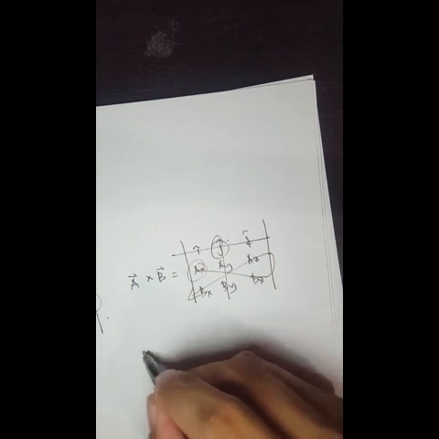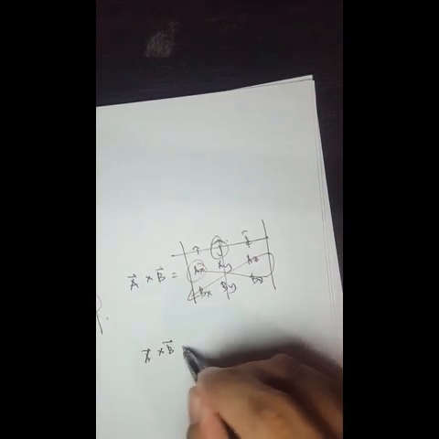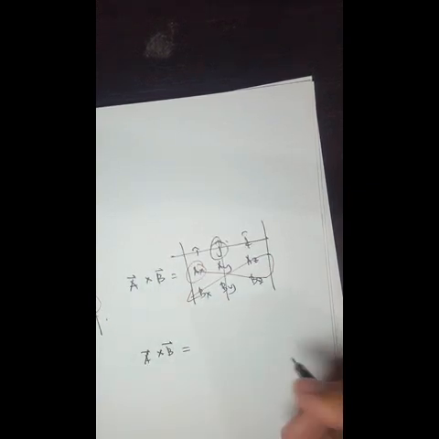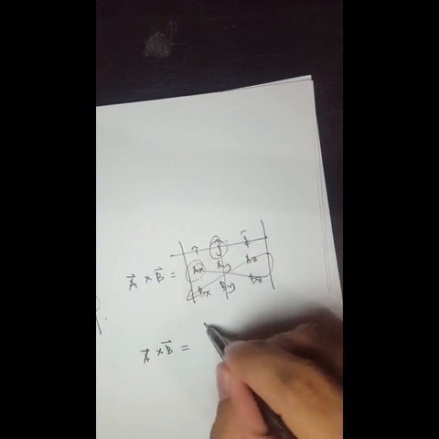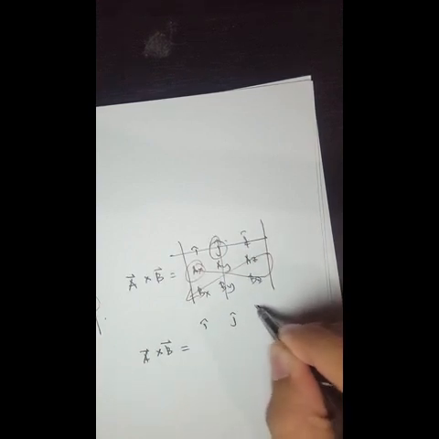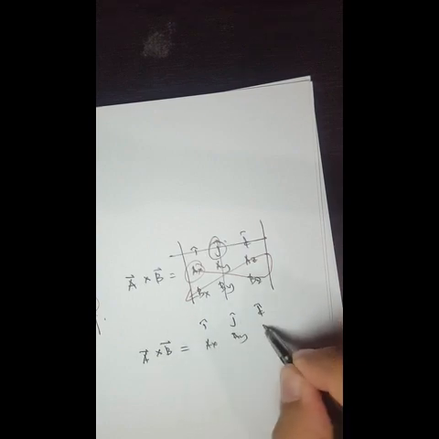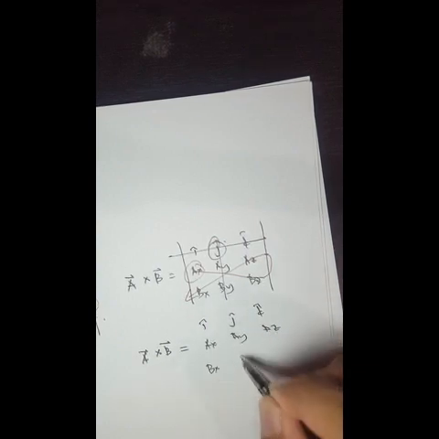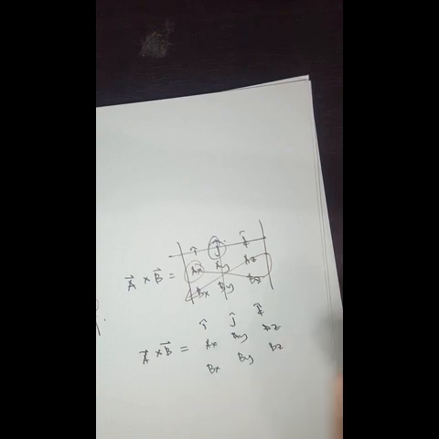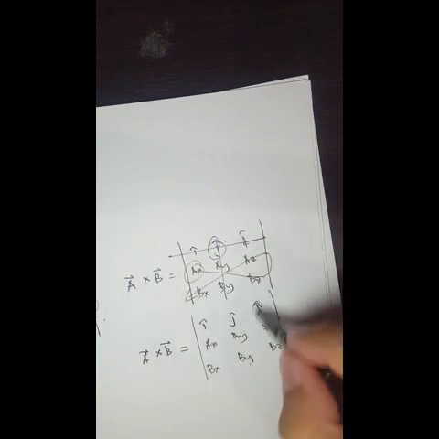Right, so let's see. For the k component, with i, j, k, we have ax, ay, az, and then bx, by, bz. Let's solve for k.